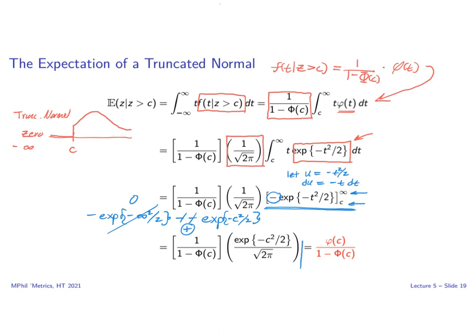Now, inspecting the result that we've obtained, we have a factor of 1 over 1 minus capital Phi of c multiplied by e to the minus c squared over 2 divided by the square root of 2 pi. And that is precisely the standard normal density evaluated at c.